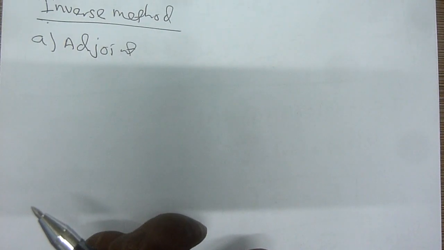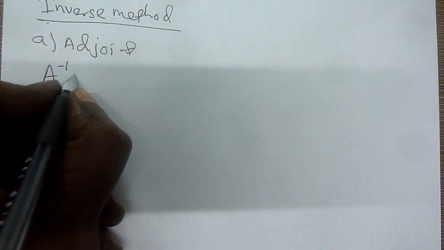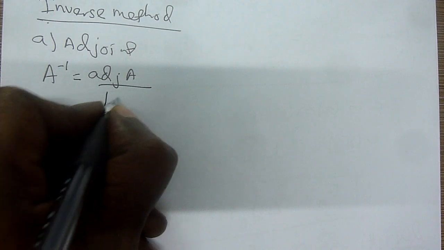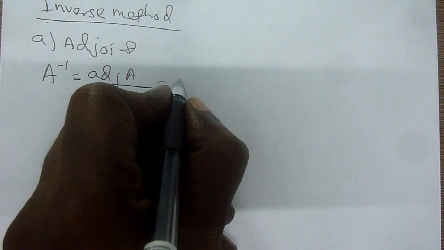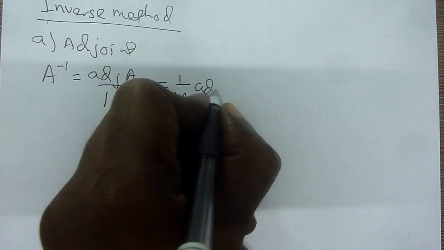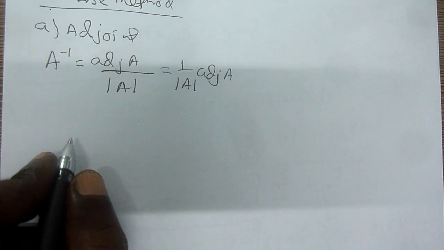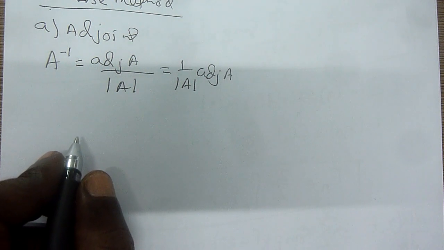In the adjoint method, you are required to find the adjoint of A, which is basically similar to the inverse of A. Okay, let us start with this. How do we start and how do we solve?